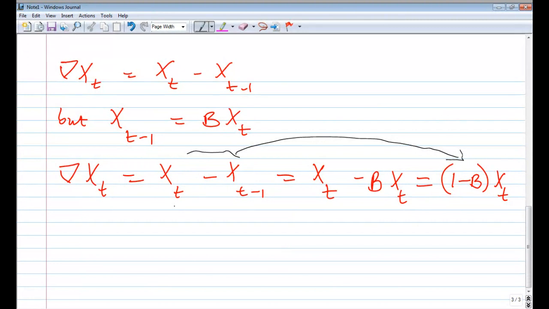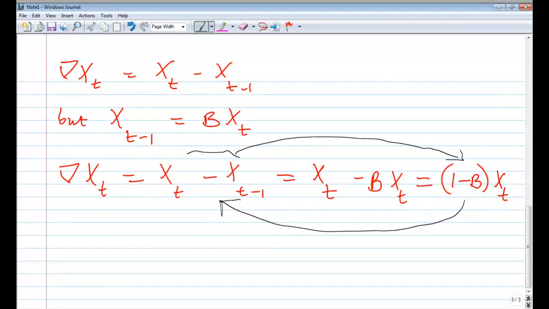So from 1 minus b xt, you can go back to the first form.